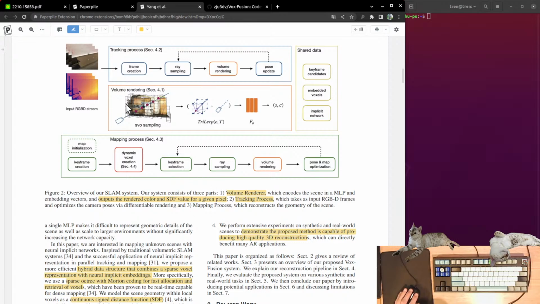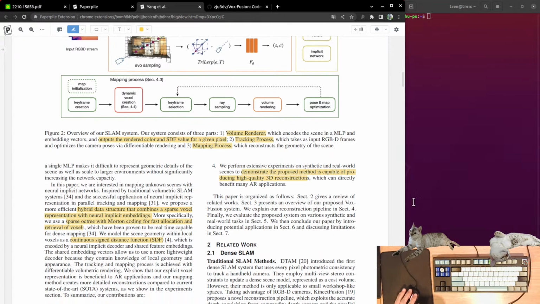Okay, so in tracking, you take the image and then given the map determine where the camera is. And 3, mapping process, which reconstructs the geometry of the scene. So this is the localization part, number 2 of SLAM. 3 is the mapping, so the M part of SLAM. And then you have 1, the volume renderer, which is also part of the mapping part, I would suppose. Okay.